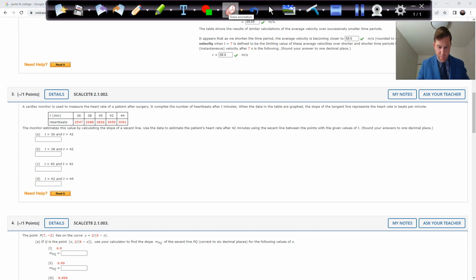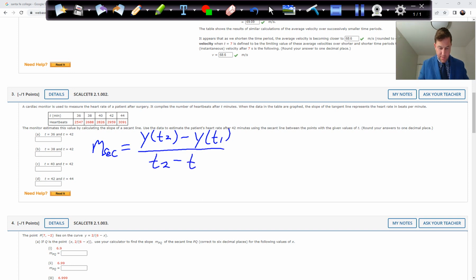So the slope of the secant line, it's just another slope formula, so it's going to be y at value t2, if we're doing time, minus y of value time 1, divided by time 2 minus time 1.